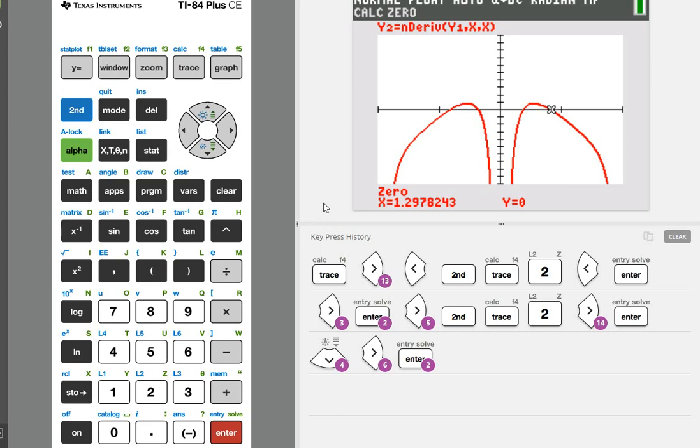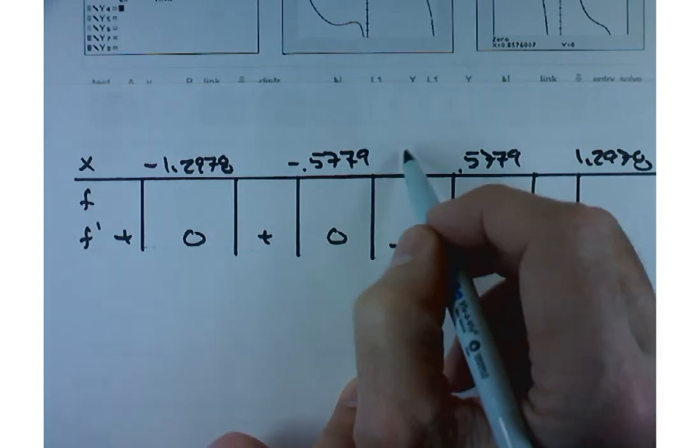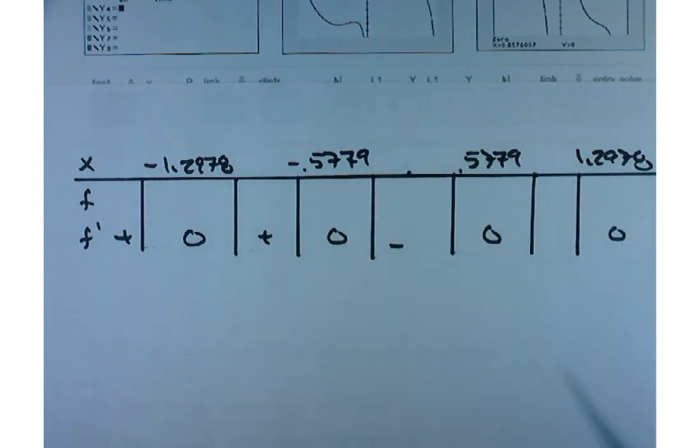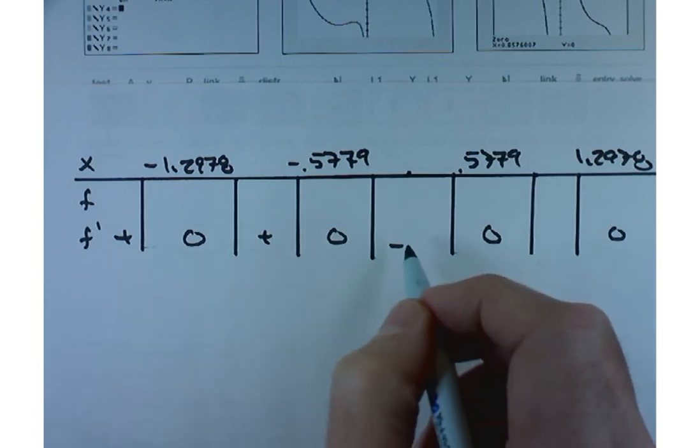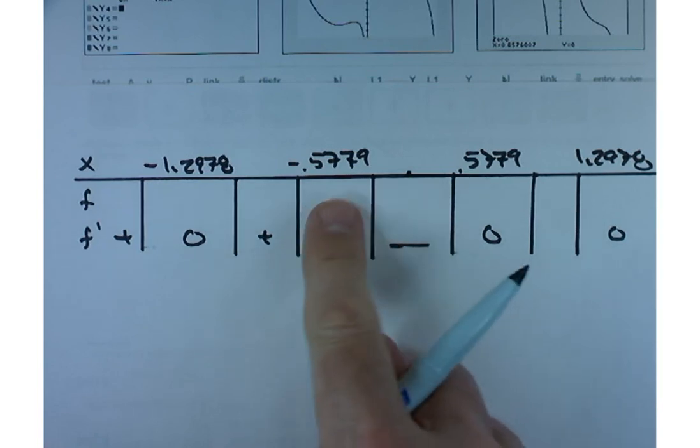Technically, I guess I probably should have put 0 here. Even though 0 is not in the domain, it is a place where the derivative can change signs. Fortunately for us, the derivative is negative to the left of 0 and to the right of 0, so it doesn't matter too much.